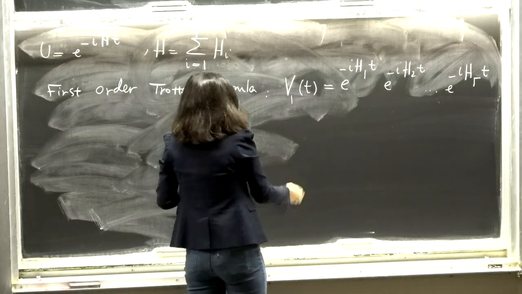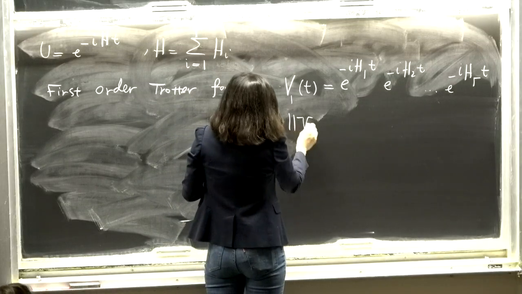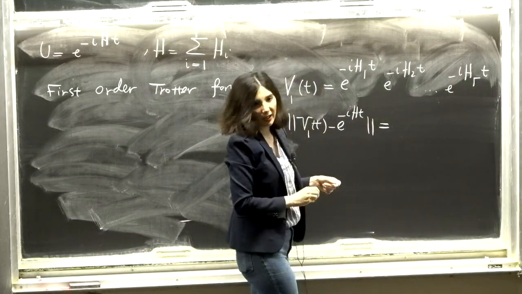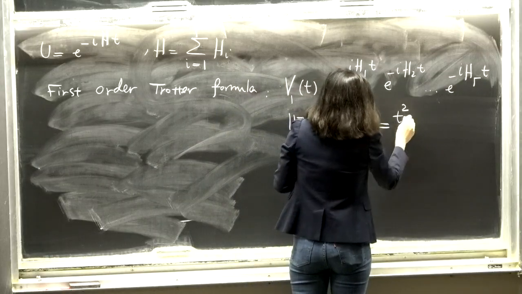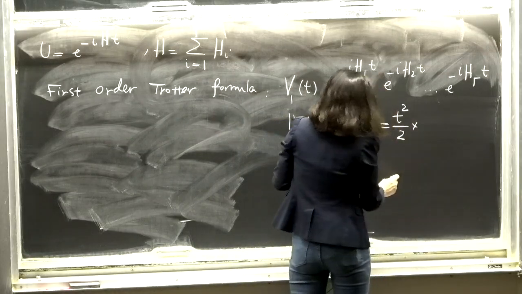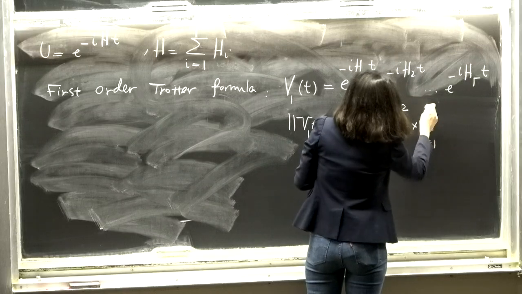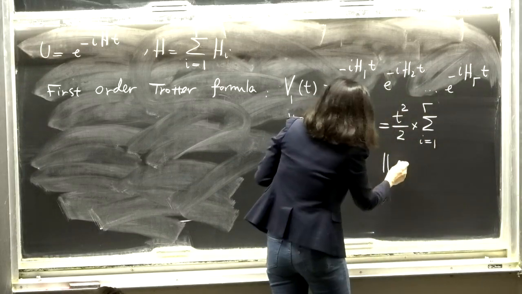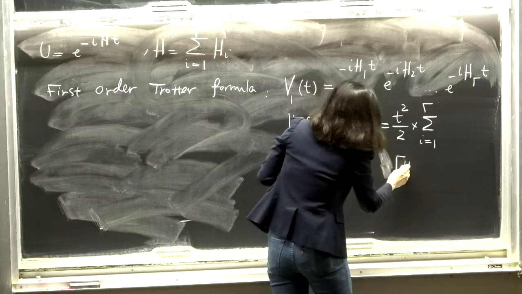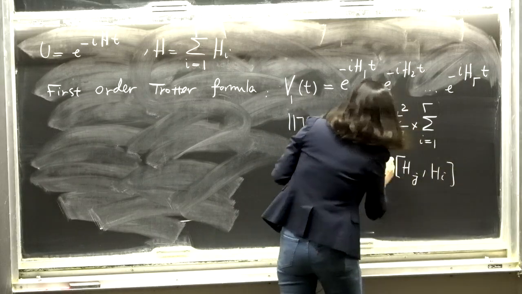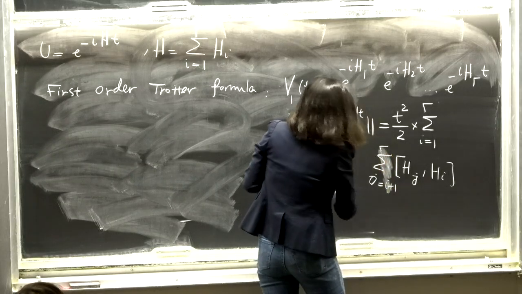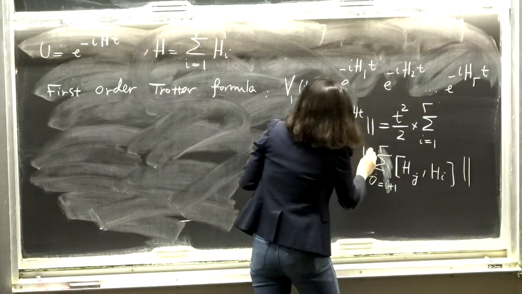What is a Trotter error? In this case, the spectral norm of V1 of t minus e to the minus iHt is bounded by an exact relation that was derived a few years back in a paper I've mentioned in the slides, times the sum over i from 1 to gamma of the spectral norm of the commutator of H_j and H_i, summed over j from i plus 1 to gamma.